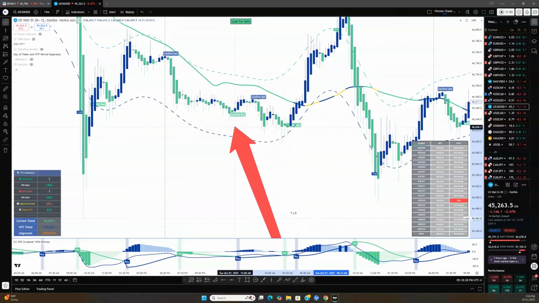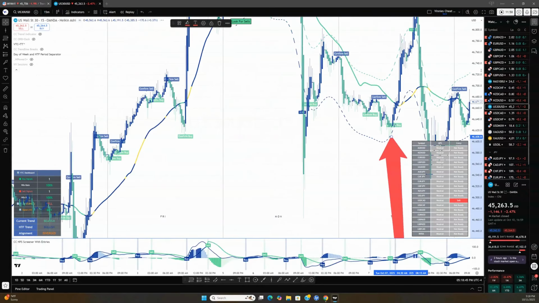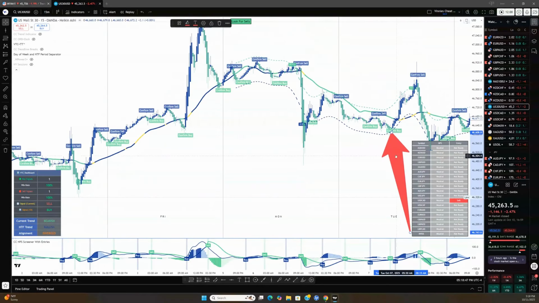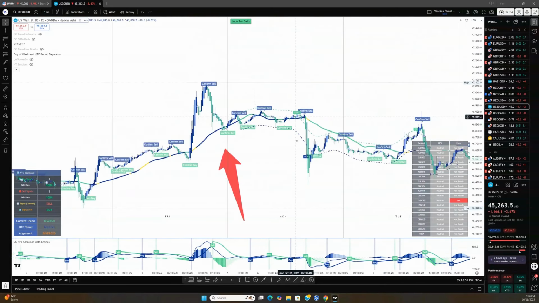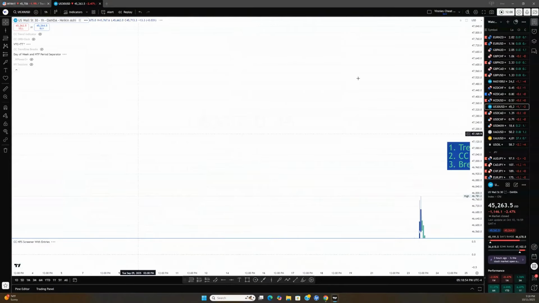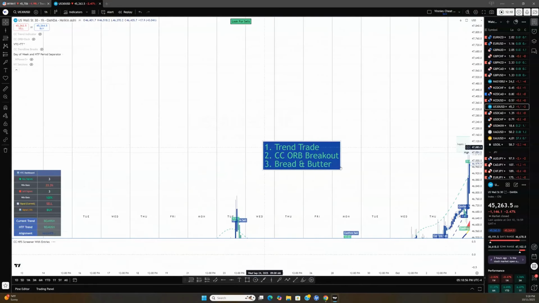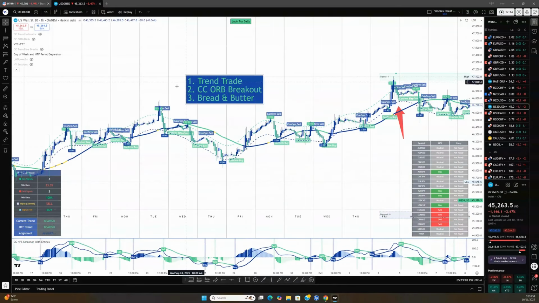If you didn't understand that, go back and watch the video, rewind it. All right. So we have our rules for scalping. What's number one thing that we look for? We look for the trend trade. That's priority. After we look for the trend trade, if we didn't get a chance to catch that, then we look for the CCORB breakout.